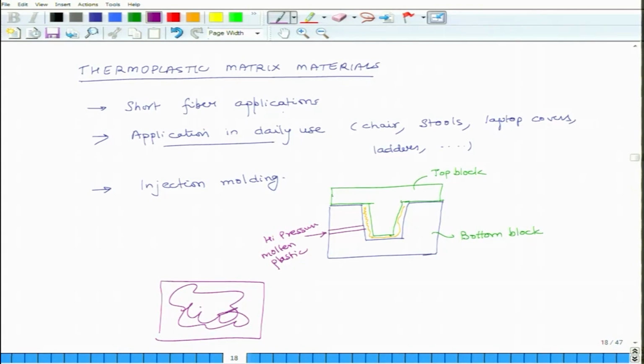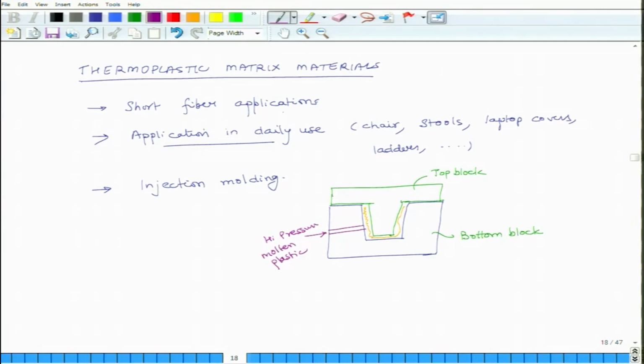This raw material plastic comes in small spheres, pellets, and if you want stronger material, you mix it with some glass fibers, short fiber glass, and then you melt it, and then you inject that molten material, which is a mixture of glass and thermoplastic, into this mold, and you get this material.